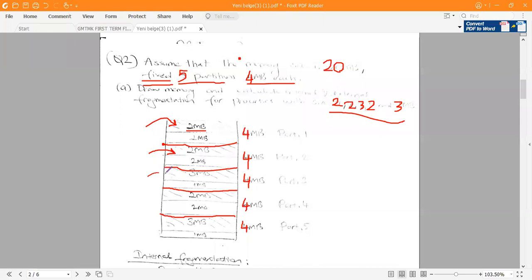Then another 2 megabytes comes and I put it in the second partition, again leaving 2 megabytes of empty space. Then 3 megabytes, so 1 megabyte of empty space remains, then 2 megabytes again, and 3 megabytes. So I located them like this.